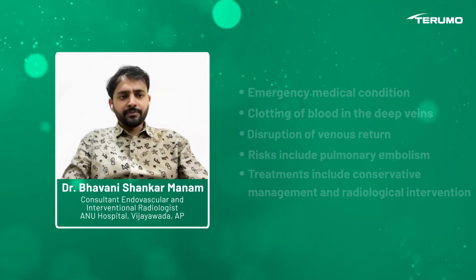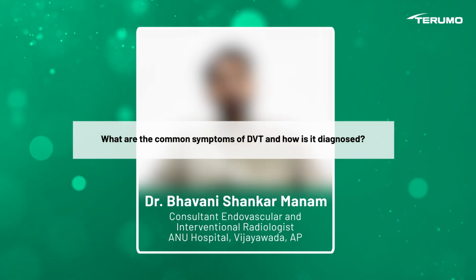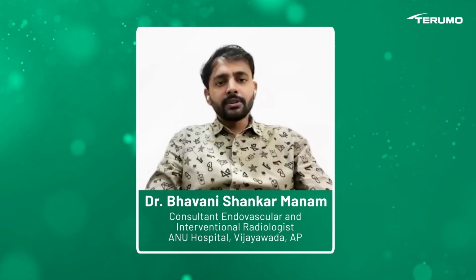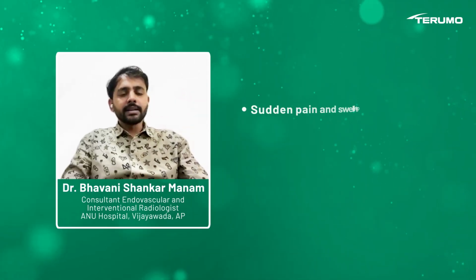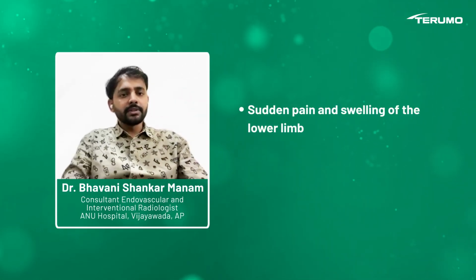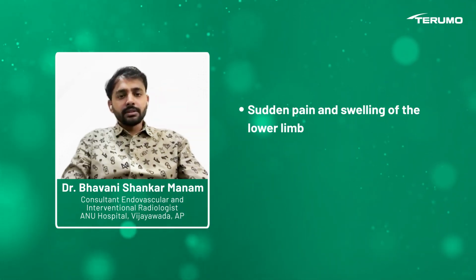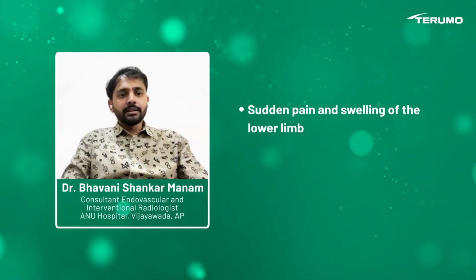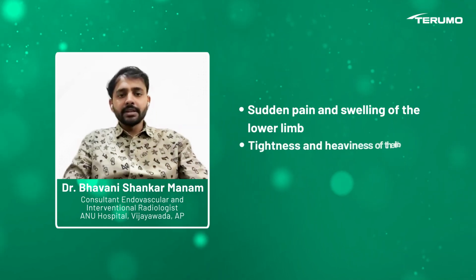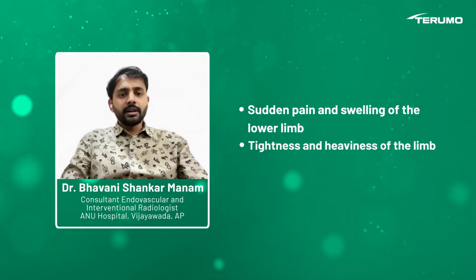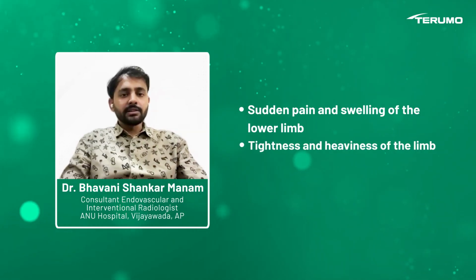What are the common symptoms of deep vein thrombosis and how is it diagnosed? Deep vein thrombosis is manifested by sudden swelling and severe pain of your leg or limb, with significant swelling, tightness, heaviness of the limb, and sometimes some redness also.